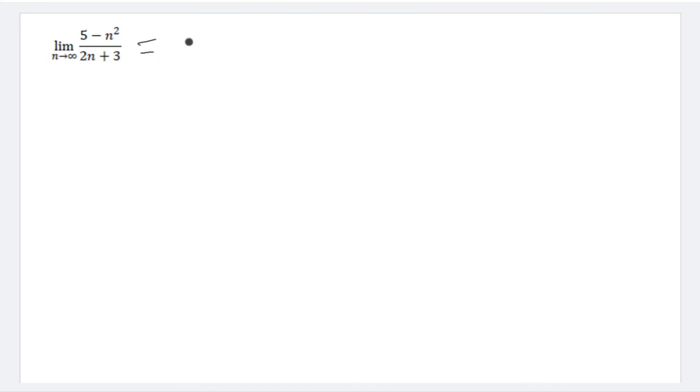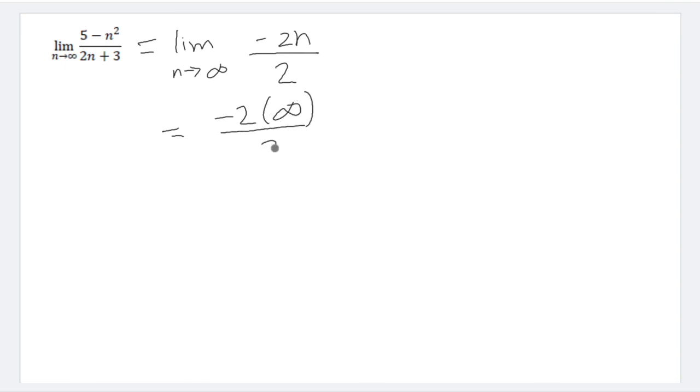Okay, so this one will still be the limit as n approaches infinity of, what's the derivative of 5 - n²? That's -2n. What is the derivative of 2n + 3? That is 2. Okay, so the denominator now is a constant, so we can now evaluate the limit. So this is equal to (-2 times infinity)/2.